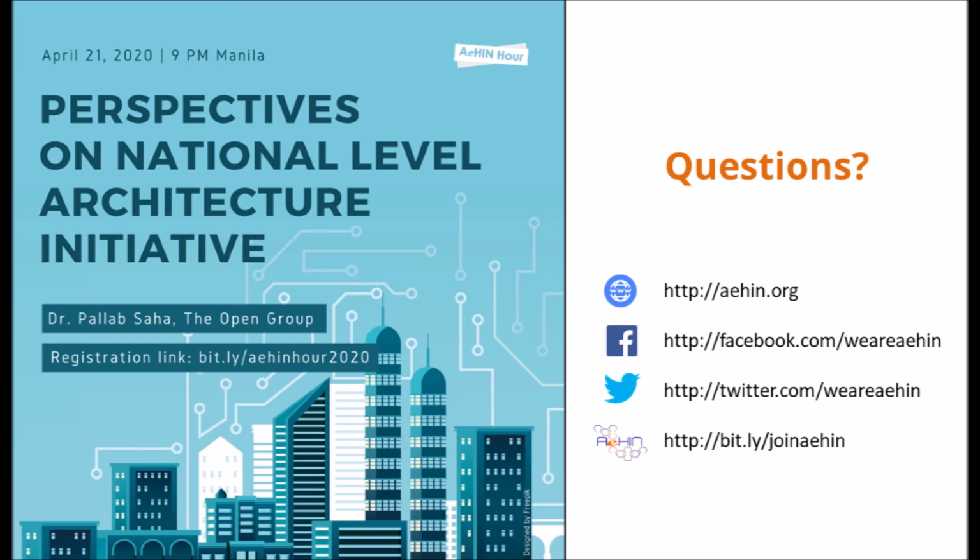So if you think these are the 3 priority sectors, maybe you can do a sectoral architecture before you do a national level architecture. And the reason is what I have already described earlier. If you find success at the sector level, it becomes much easier for you to justify a national level architecture. So this is one way to do it. As I said earlier, it is a little bit of a bottom up initially, but then followed by a top down approach.